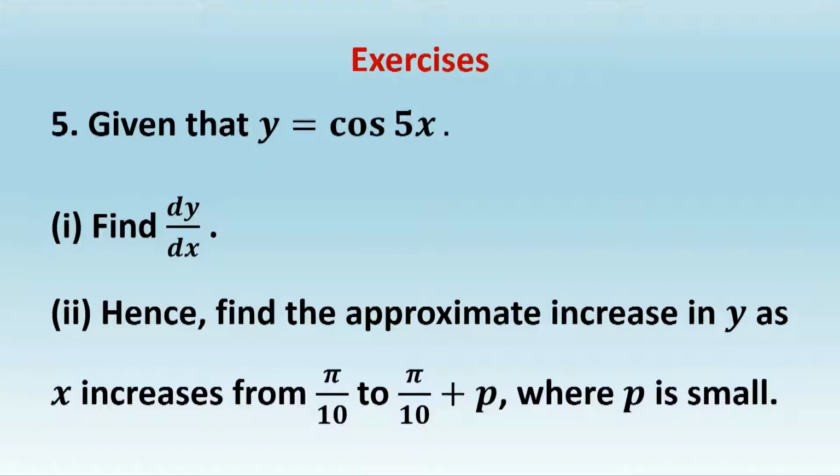Number 5. Given that y is equal to cos 5x, part 1. Find dy by dx. Part 2. Hence, find the approximate increase in y as x increases from pi by 10 to pi by 10 plus p, where p is small.